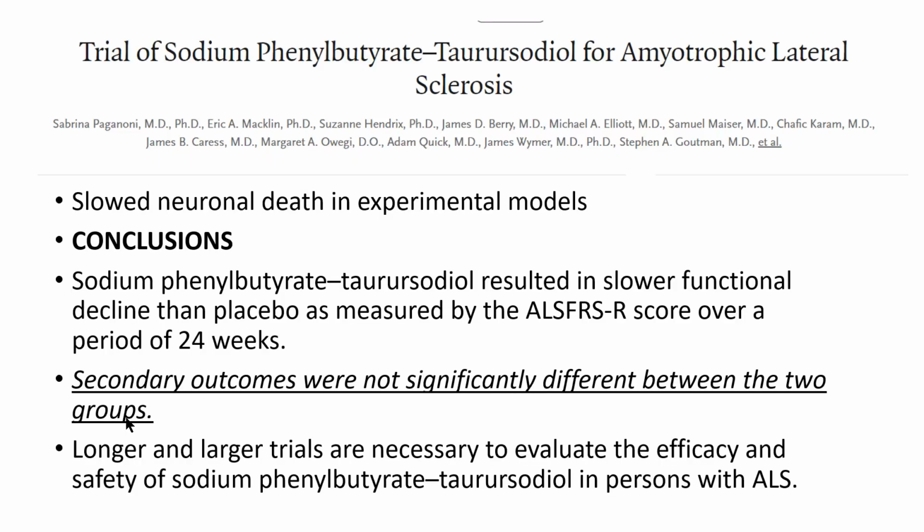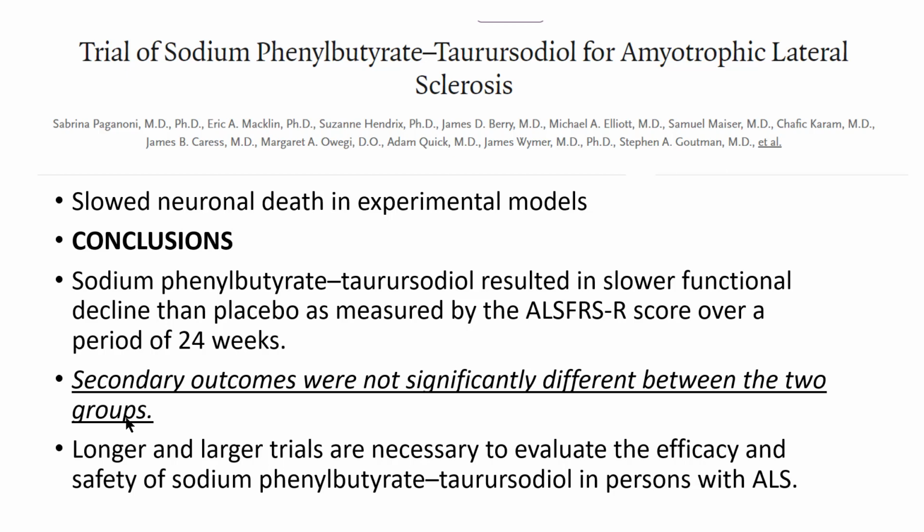In the last 2 weeks, in the New England Journal of Medicine, a combination therapy was released as an approach for amyotrophic lateral sclerosis, and the conclusion for these two agents was that it reduced the functional decline compared with placebo as measured by a particular score over 24 weeks, but unfortunately the secondary outcomes were not significantly different between the two groups.